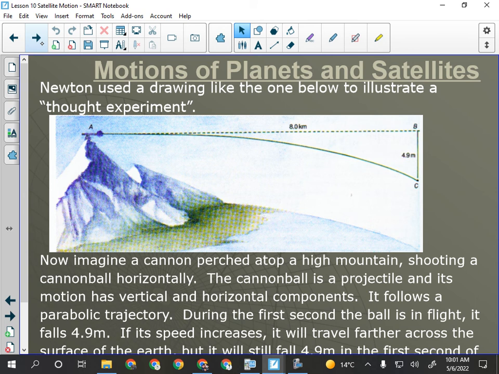Okay. So, since the Earth is round, you could shoot something really, really fast, like out of a really powerful cannon, off the top of a very tall mountain.